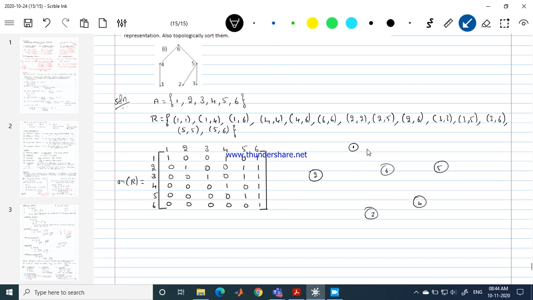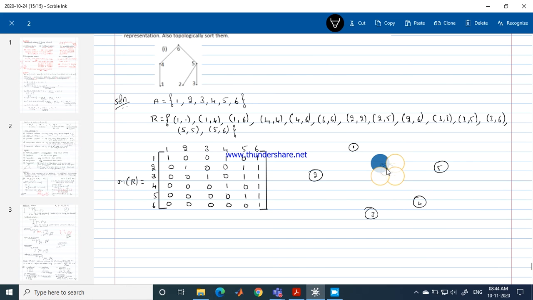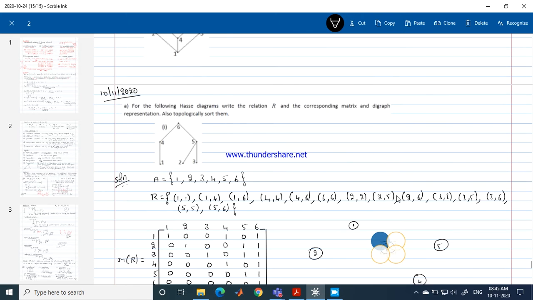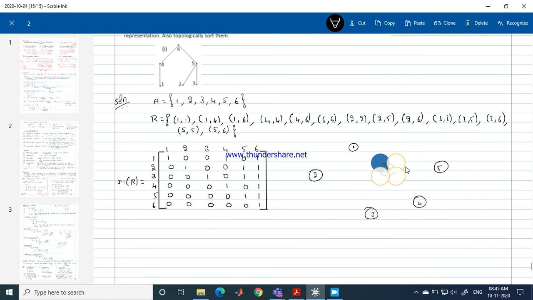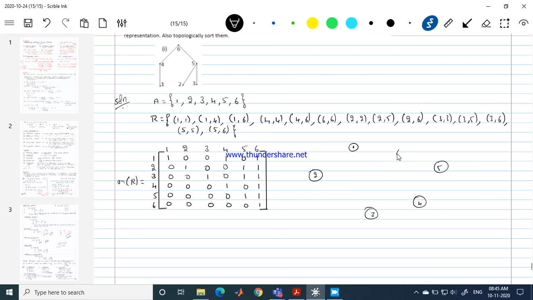So 1 to 4 is there. Next, 1 to 6 is there. Next from 2: 2 to 2, 2 to 5, and you also have 2 to 6.